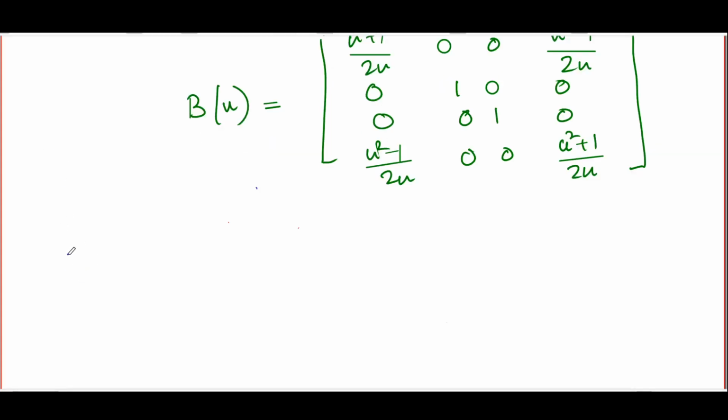What we have to do next is fix a prescription for this R of p hat, the rotation, which carries a unit vector in the direction of the z-axis to a unit vector in the direction of the final 3-momentum. So this is 0, 0, 1, the unit vector along the z-axis.